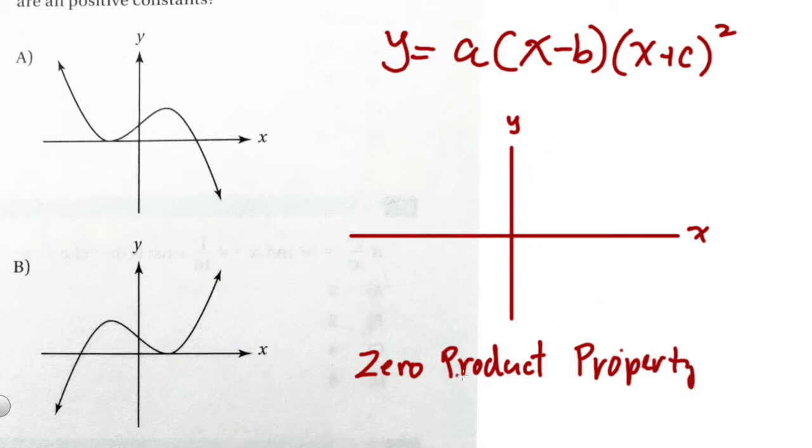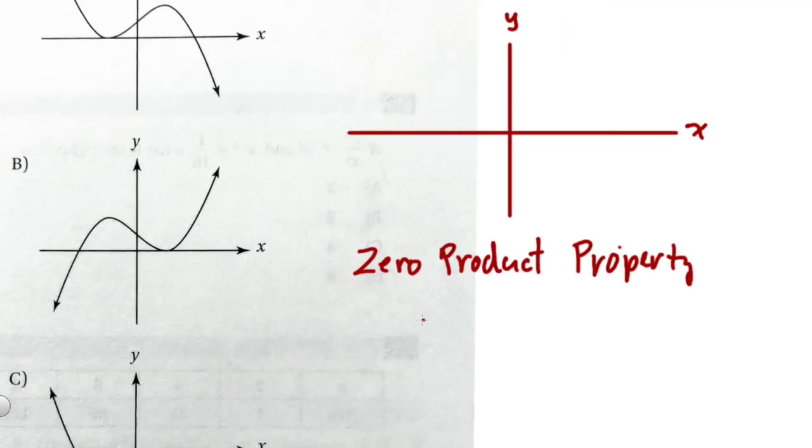And by using the zero product property, we can take x minus b and equate it to 0. When this is equal to 0, we can take the value of x as equal to b as one of the zeros of this equation.